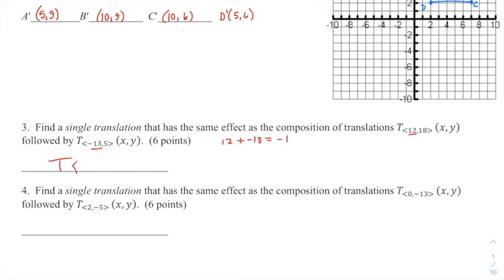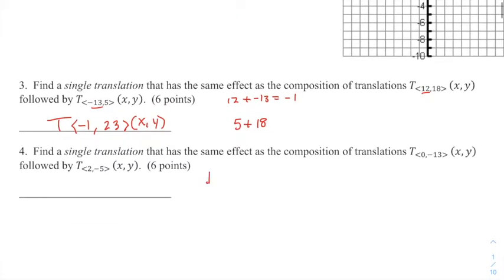So your new translation will be left 1 after you do them both. And then let's get the 5 plus the 18. So that's right 5 and then right 18. That's going to be right 23. And then you're doing that to a point, so you can say x, y. And that's a single translation.